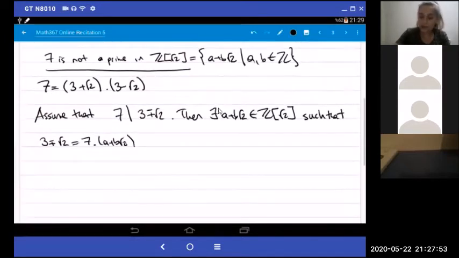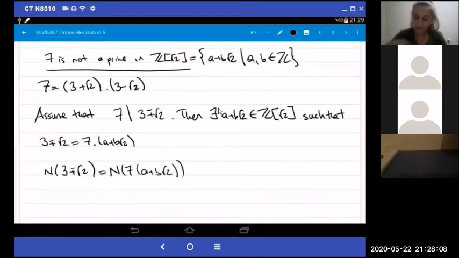Now apply the Euclidean function to both sides. Okay, norm of 3 plus minus root 2 is equal to norm of 7. Without applying this one, let me first write the original one. And we know that norm is multiplicative. Not all Euclidean functions are multiplicative, but in particular, this one is multiplicative.